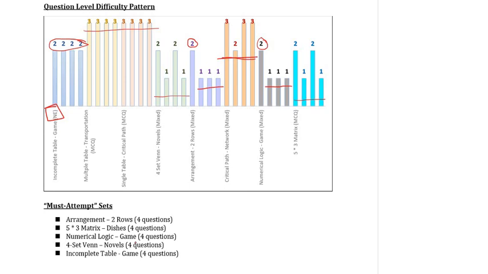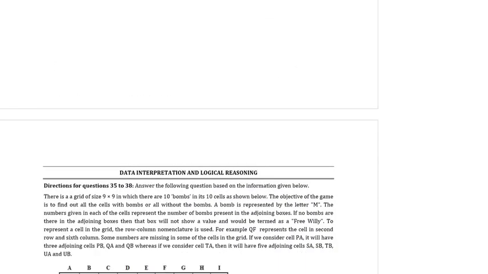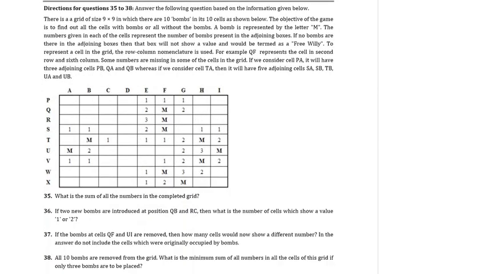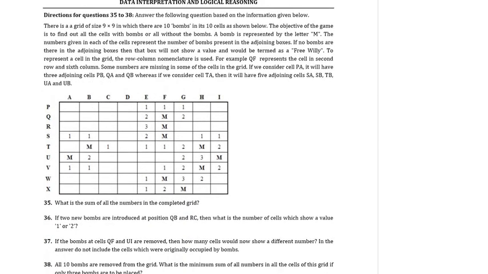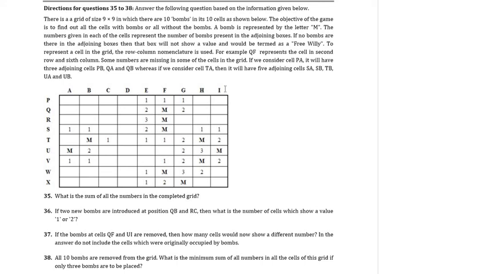Let's have a look at 1 or 2 sets and see how they could have been attempted. So, in this first one, which I said should have been solved as the 5th option, it is essentially like a minesweeper game, where there are 10 bombs in 10 cells, and a bomb is represented by the letter M. So you'll observe that 1, 2, 3, 4, 5, 6, 7, 8 and 9, 10, all the bombs are given.